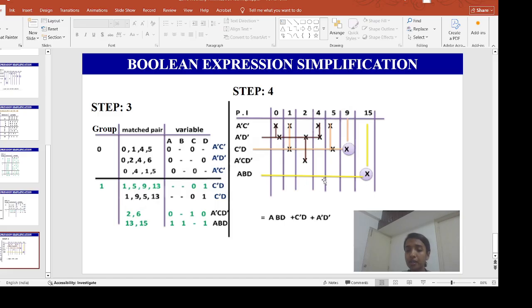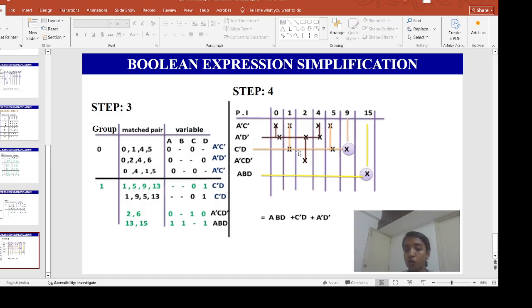Here you can see for the last row ABD, we can simply write ABD. For this row, this is C bar D bar, we can simply write. While writing this expression, we are only considering the rows, not columns. Columns we are considering when we are putting the circle across this cross.